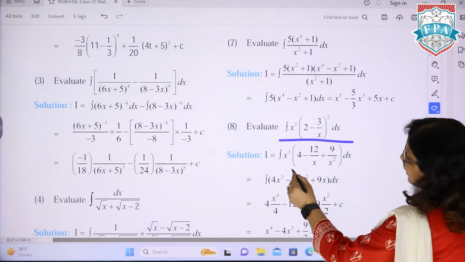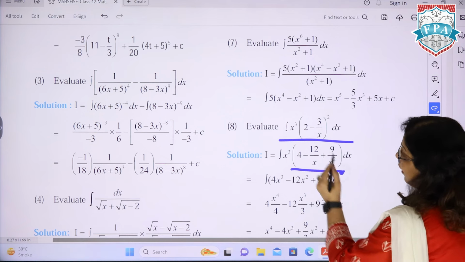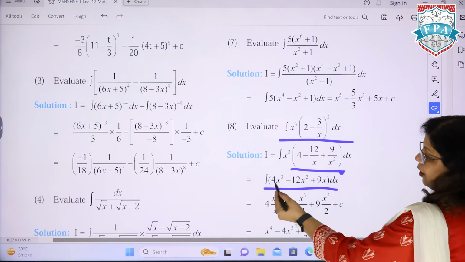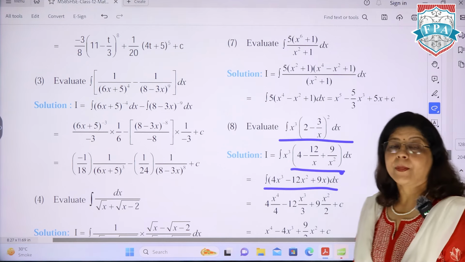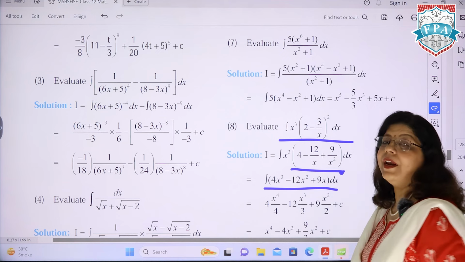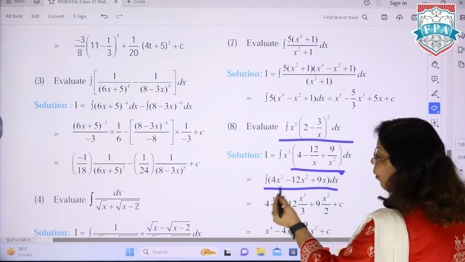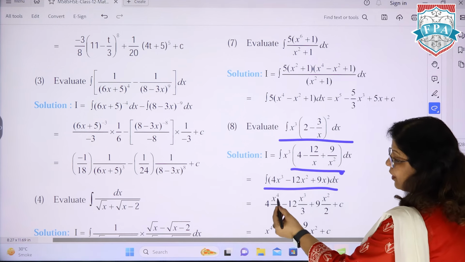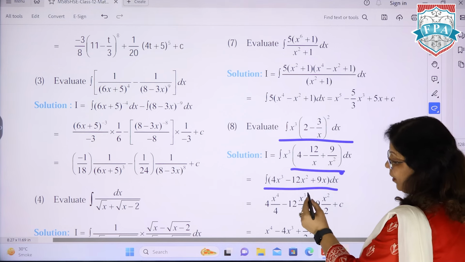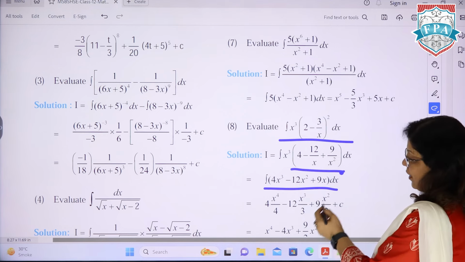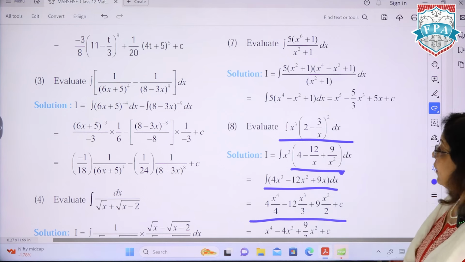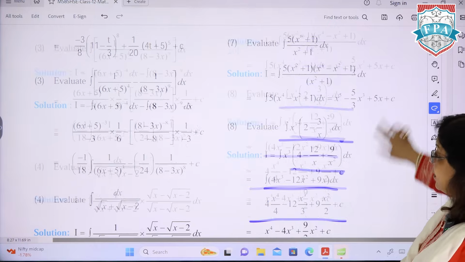When you open this identity and multiply it with x cube, you will come across a simple expression which can now be our integrand, and now we will integrate that. So 4x cube gives 4 x to the power 3 plus 1 by 4, minus 12x square gives x to the power 2 plus 1 is 3 by 3, and 9x gives 9x square by 2, plus c. This is how we come to the answer.